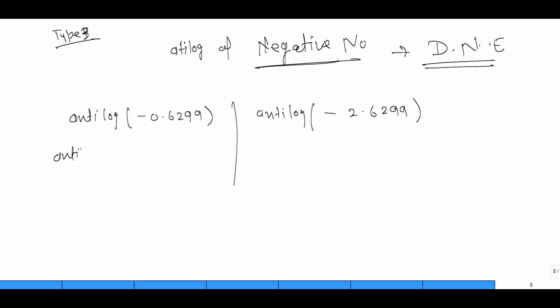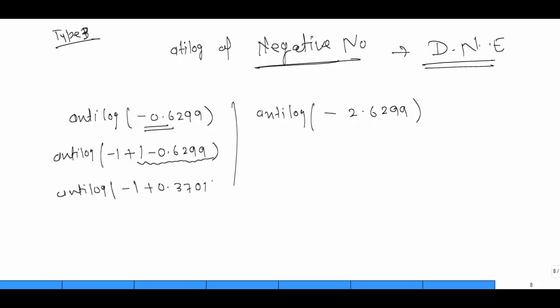So just write down antilog again. We will add or subtract the nearest integer so that it becomes positive. So we'll subtract 1 as well as add 1, then minus 0.6299. If you take these together, you'll get the total value as antilog of minus 1 plus 0.3701.